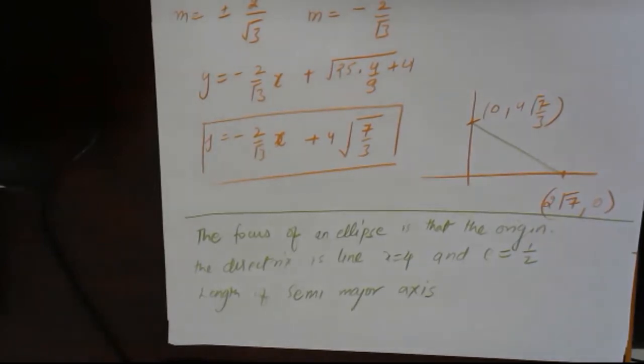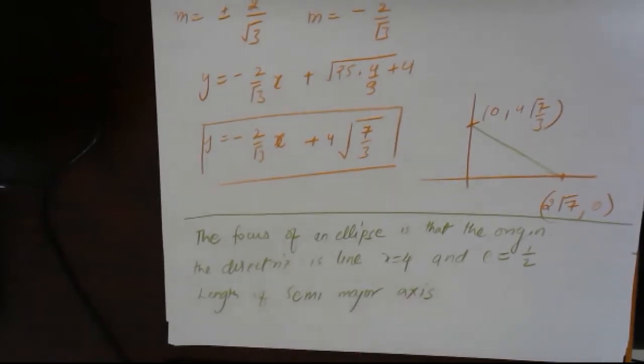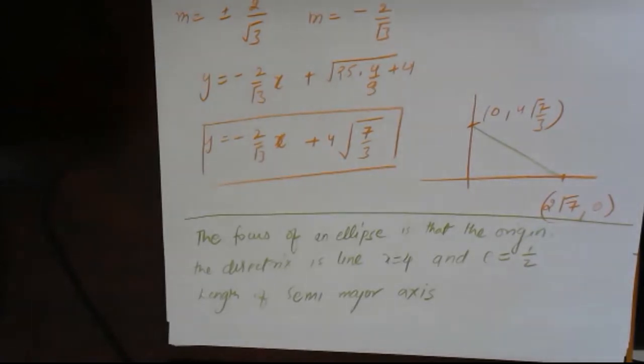Harshita, no, not that. Semi-major axis is 8 by 3. Just check the calculation once again. We have asked for the semi-major axis, so you just have to find the value of a. Just check, 8 by 3 you should get.